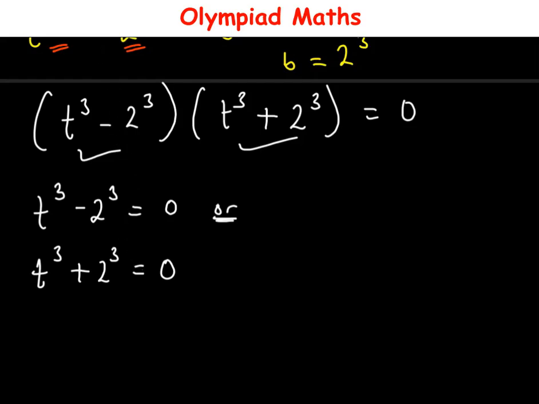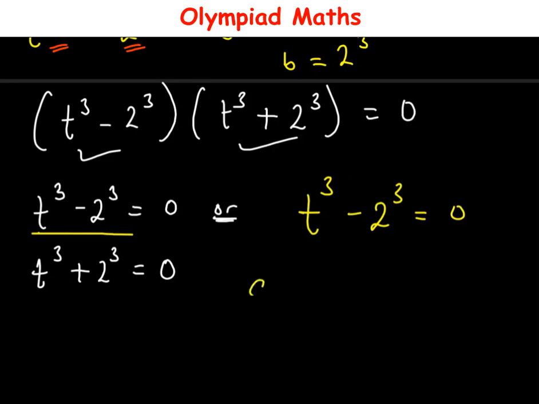Starting with the first equation, in which we have t raised to power 3 minus 2 to the power of 3 is equal to 0. Looking at this, we have difference of two cubes.